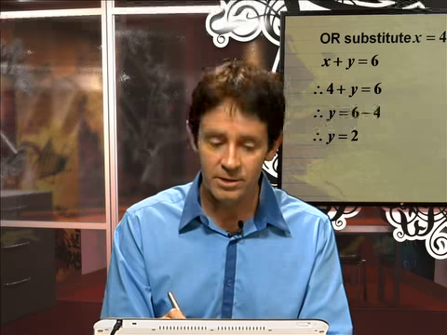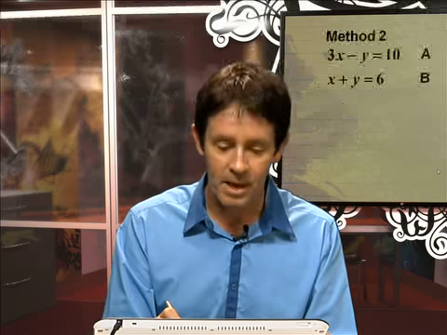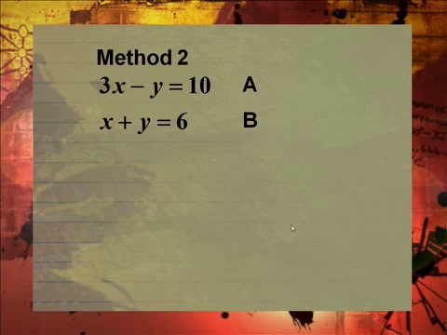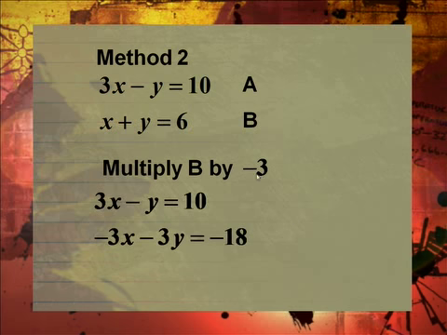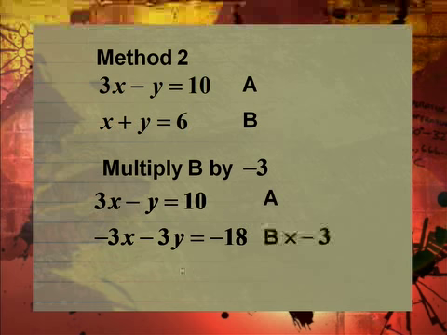Let's explore a second method. Well, here's our 2 equations. Now what I'm going to do, people, watch this. If I multiply equation B by negative 3, look what's going to happen. A stays the same, but B we've multiplied by negative 3.